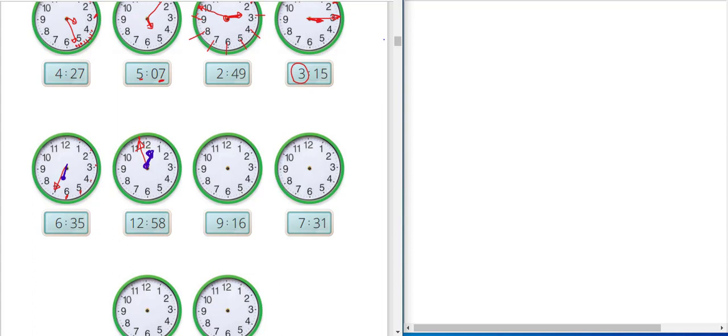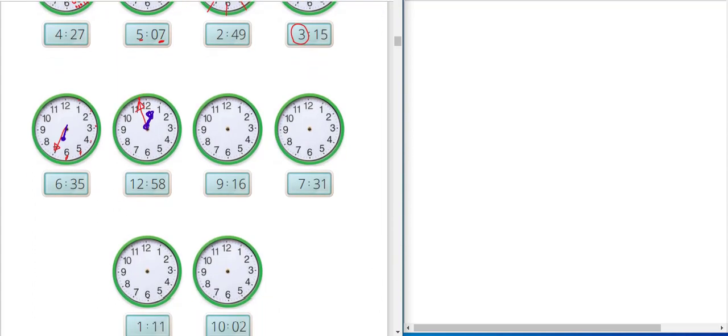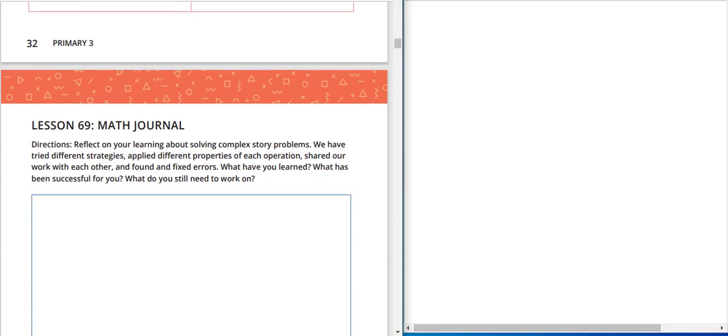Now the next is 16 past 9. So count by 5: 5, 10, 15. After 15, by 1 step, so the long hand goes to this dash, and 9 short hand. And you can complete this clock.